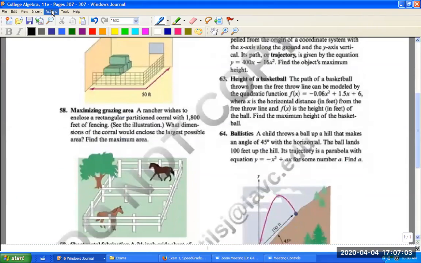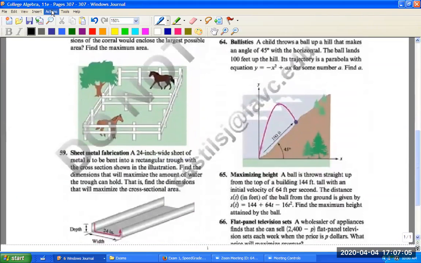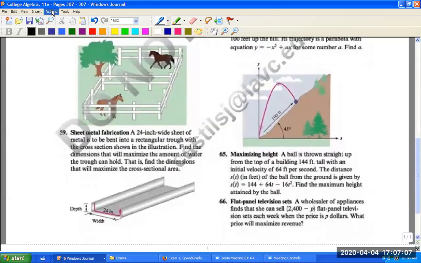So here it is, right here. I have a 24-inch wide metal sheet, which is bent into a rectangular trough with this cross-sectional area.